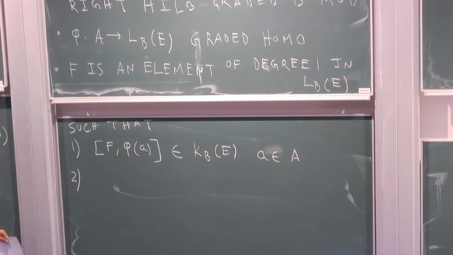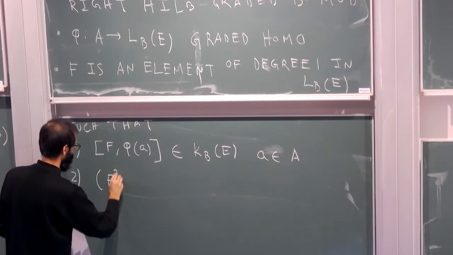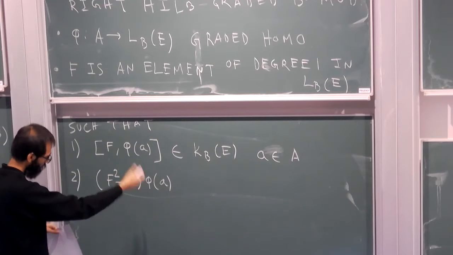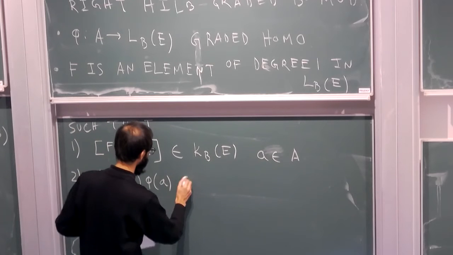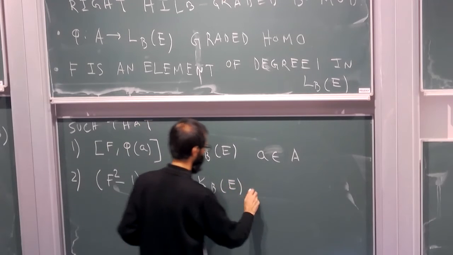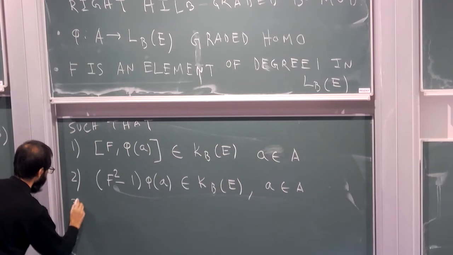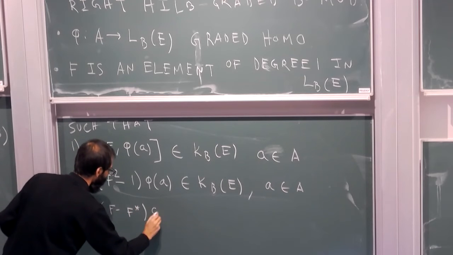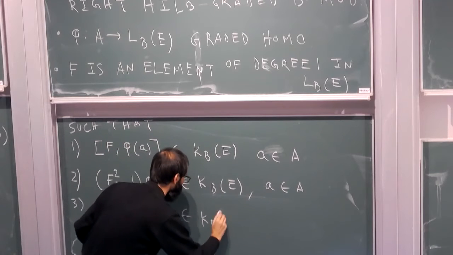F squared is, up to compacts, the identity, again for a in A, and F is almost self-adjoint.